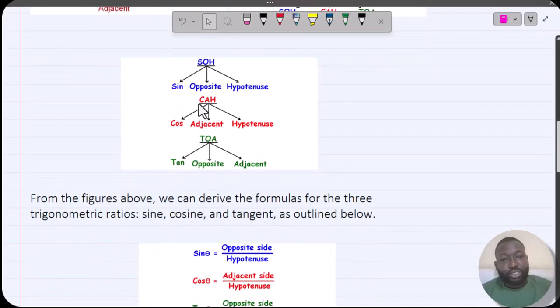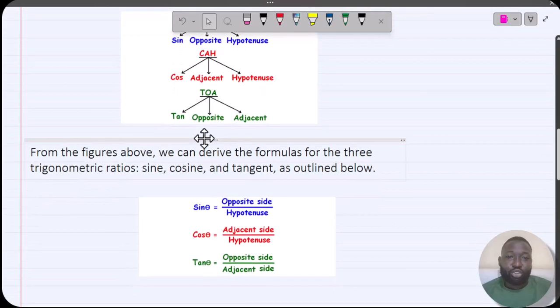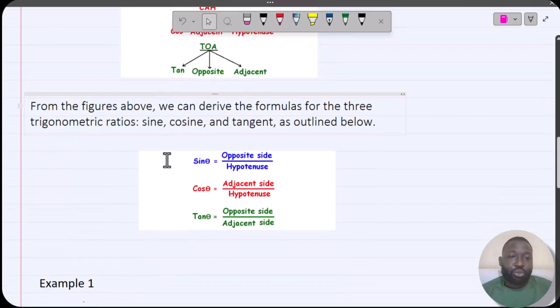And we come to the Ka, which is the cos, adjacent over the hypotenuse. We come to the Twa, and also the tan, the opposite over the adjacent, and we are seeing them here as shown.